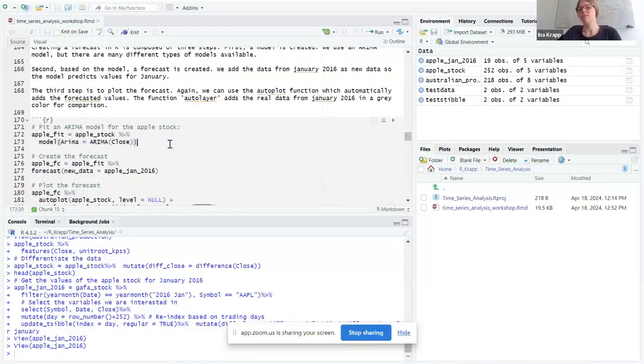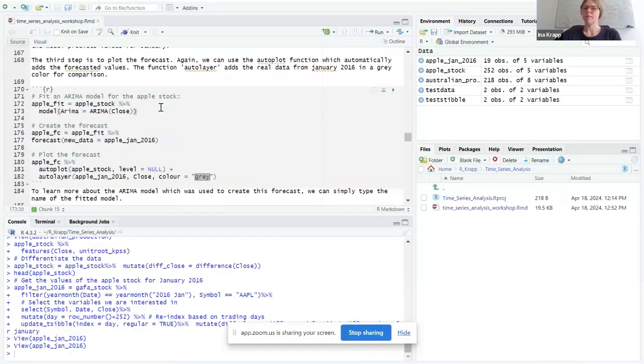It also automatically determines how many past values and past errors to include, but you don't have to use this automatism. You can define a model by hand. We will do that later, but for now, let's just go with what the algorithm suggests. And there is the convention to call the resulting object a model fit, because you take a very general type of model, in our case an ARIMA model, and fit it to a specific data set. In our case, the closing prices from the Apple stock market data.